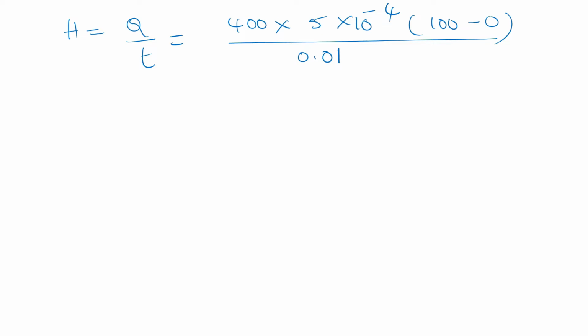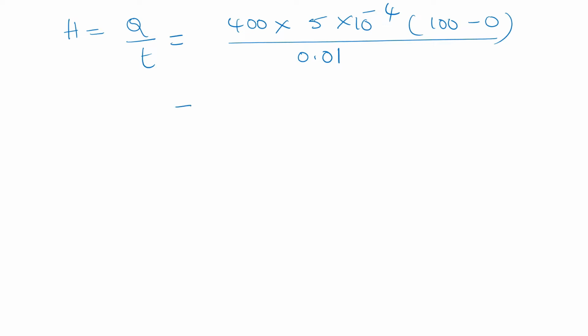Q is equal to K A (theta 1 minus theta 2) into T by L. So H is equal to Q by T. T gets cancelled.